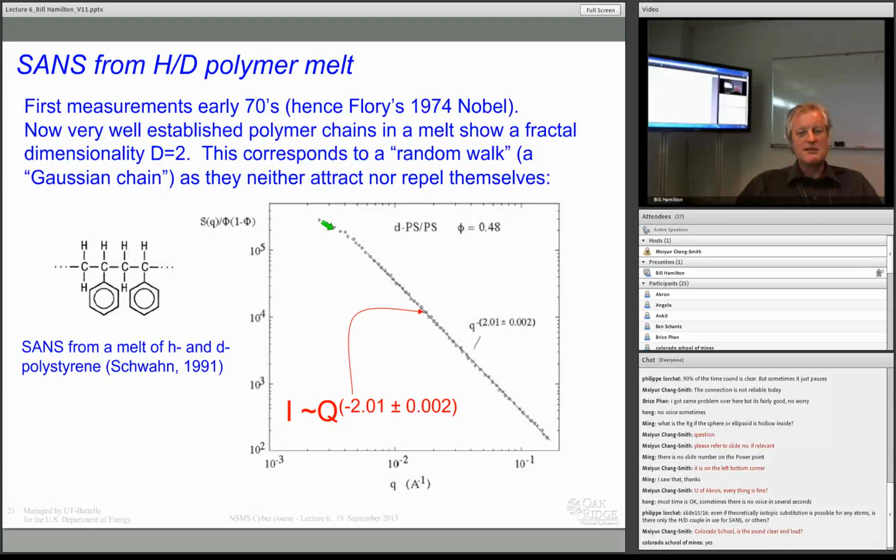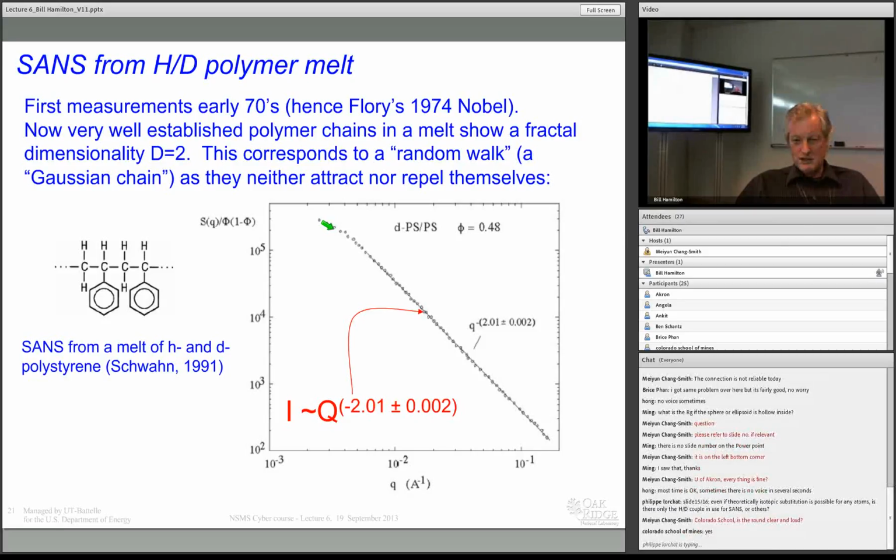They could just mix deuterated polystyrene and hydrogenous polystyrene together, and it would be the contrast of me versus the average of everybody else. And they discovered that this Gaussian chain behavior, this Q to the -2 behavior, was very, very accurate, but actually slightly wrong, which is why a few years later, De Gennes got a Nobel Prize, but we won't go into that right now.